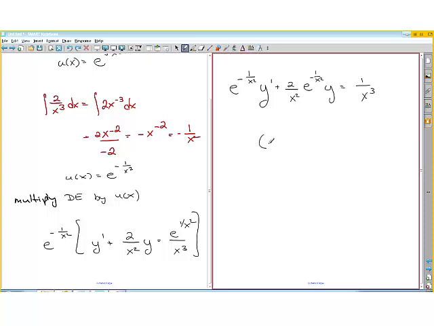So we have the quantity e to the minus 1 over x squared times y prime is equal to 1 over x cubed. Now we integrate both sides, multiply by dx and integrate.